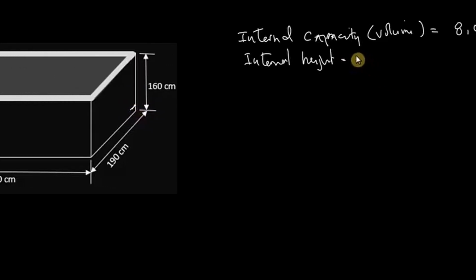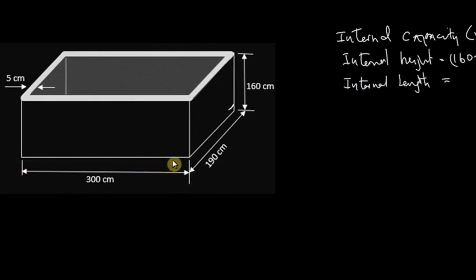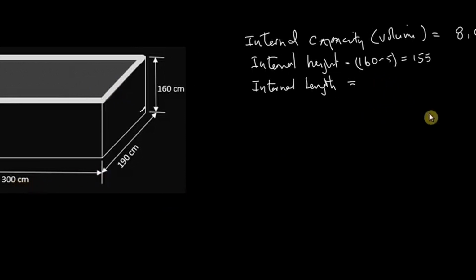So it's going to be 160 minus 5, equal to 155. We also note that the internal length is equal to, and here's the length, 300, but there's 5 cm taken up on this side, 5 cm taken up on this side. So it is 10 cm less than this. So it is 300 minus 10, and that's equal to 290 centimeters.